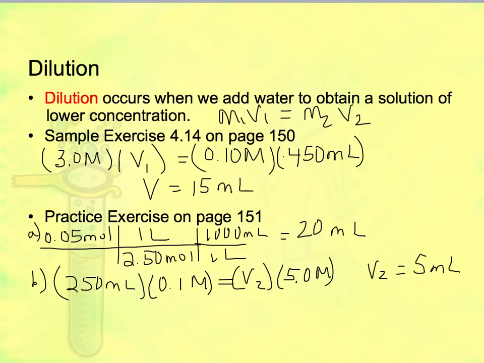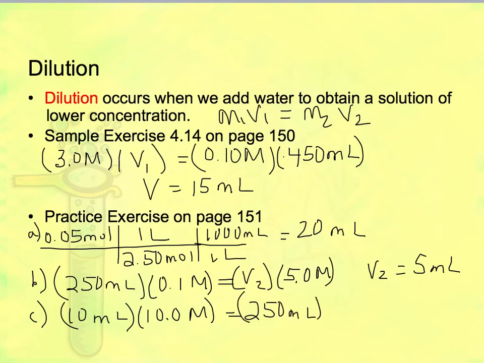And finally part C, another dilution problem. 10 mL times 10 molar equals 250 mL times M2, leaving us an answer of 0.4 molar. Alright, so try those problems on your own, obviously, and check out my answers after you've tried them.